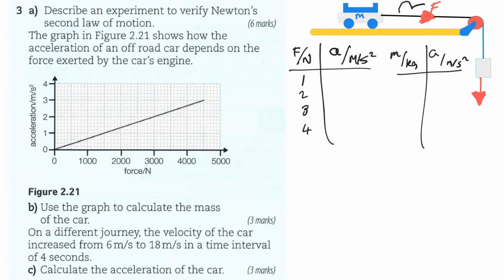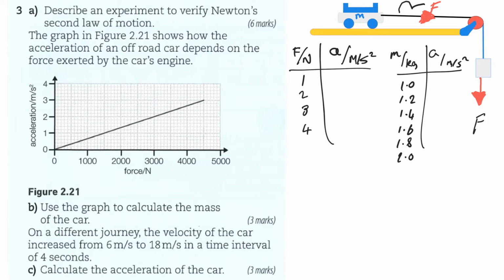Then you go again with a set of masses of the trolley and a set of accelerations for a fixed force. So this time you don't change the pulling force, you just change the mass of the trolley by adding masses to the trolley. So for example, you could add 200 grams and that would give you a trolley that maybe starts off with 1 kilogram, then 1.2, 1.4, 1.6, 1.8 and 2.0, and you keep this value here of the force fixed, so you don't change the masses that are pulling it, you just change the mass of the trolley itself.